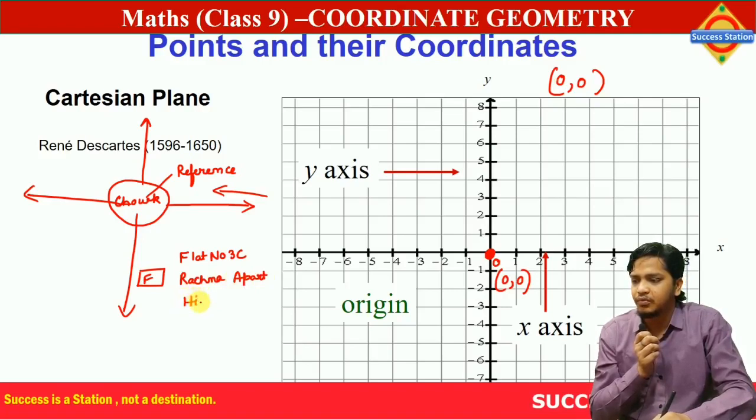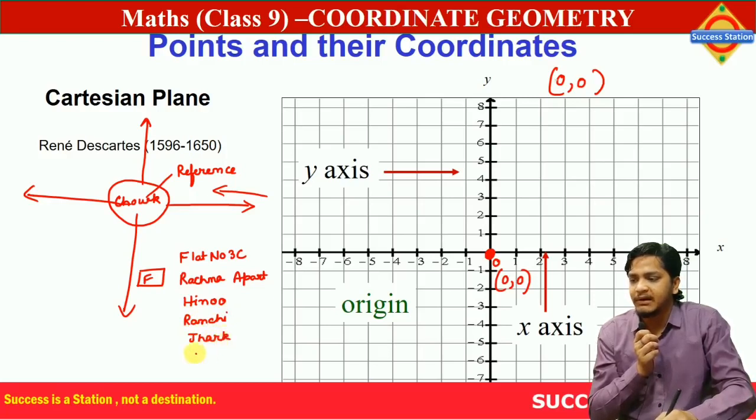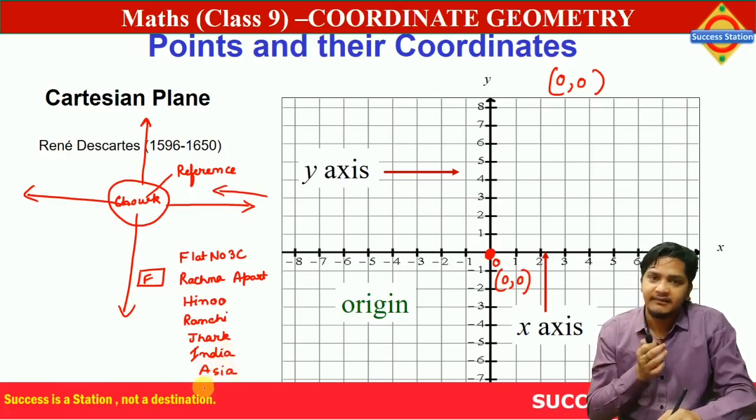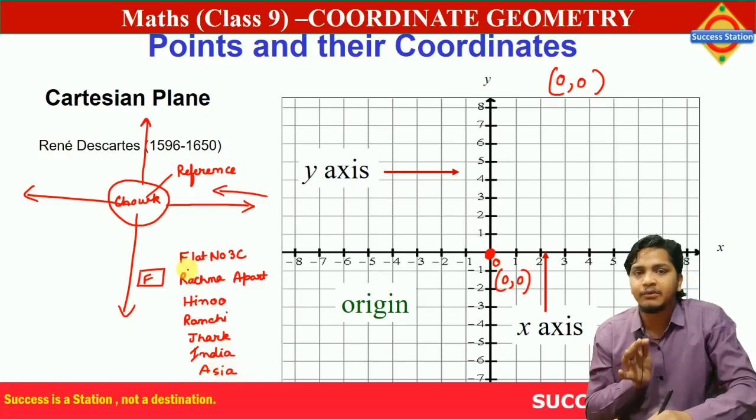Hinu, Ranchi, Jharkhand, India, then Asia. Write like this. So there is a system to it.